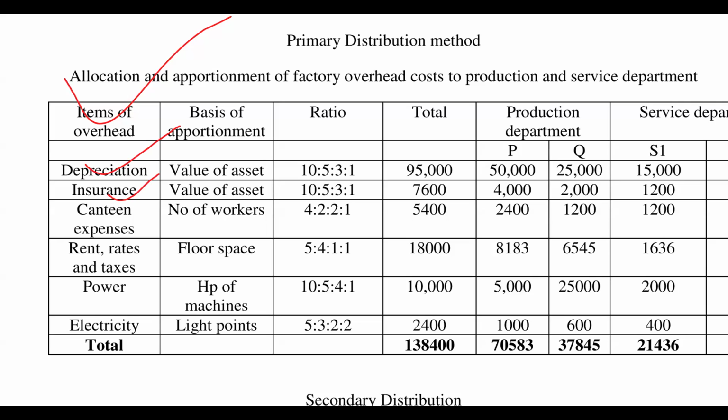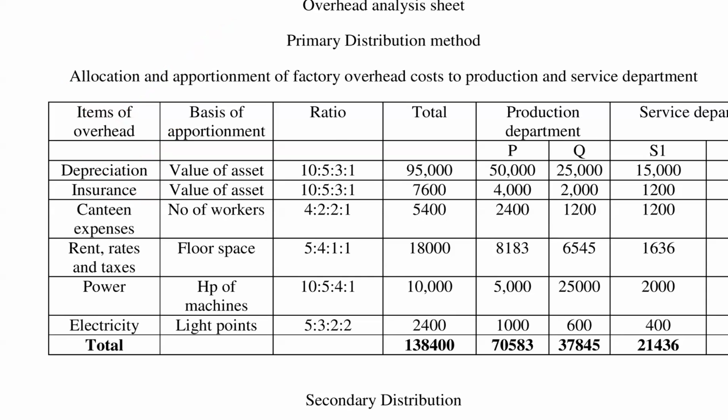For the power, you can even use the HP of machines or whatever basis is very close to power that you have been provided. For electricity, you could still use the lighting points if you are given those. So you just check the basis given. Look for the basis that is very close to the overhead, because we are choosing the most appropriate.